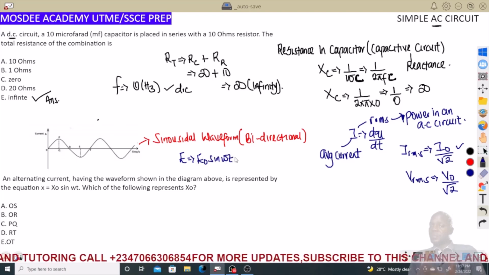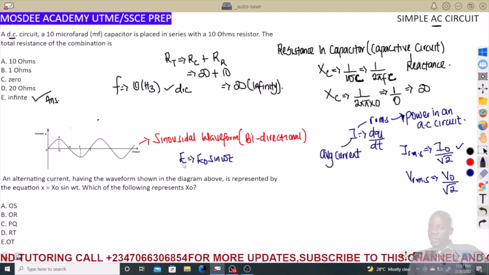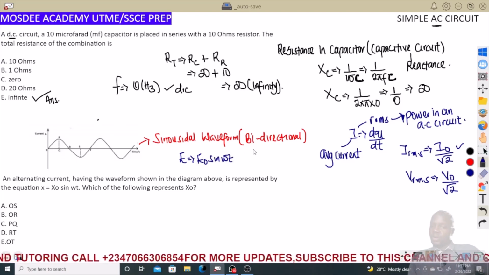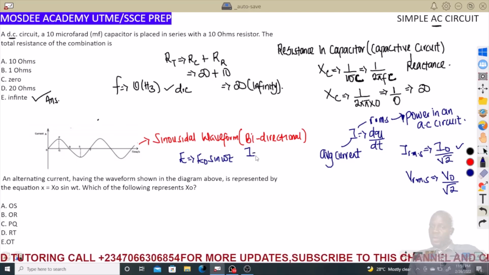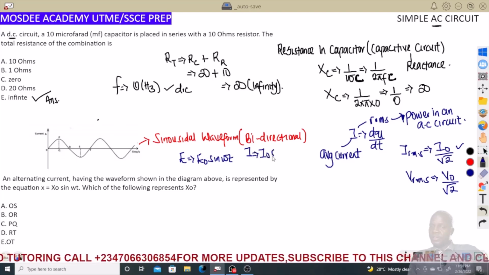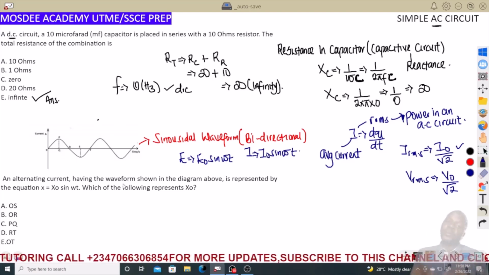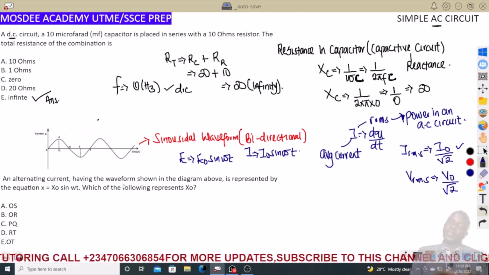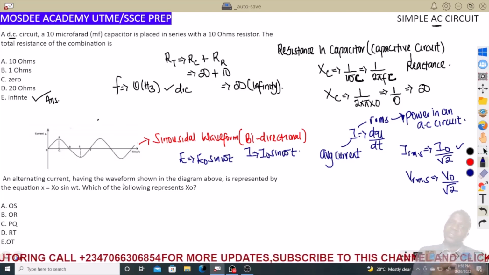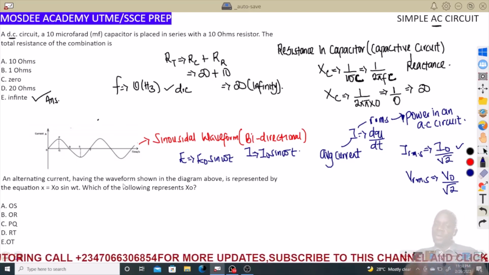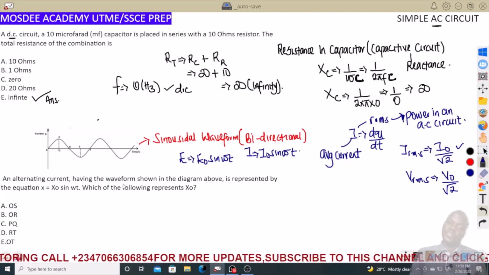And you can also write for current as the peak current I naught sine of omega t. These are for the sinusoidal waveform. This question does not require that, to be honest. The question is a simple one that only asks for short things, like I just said.